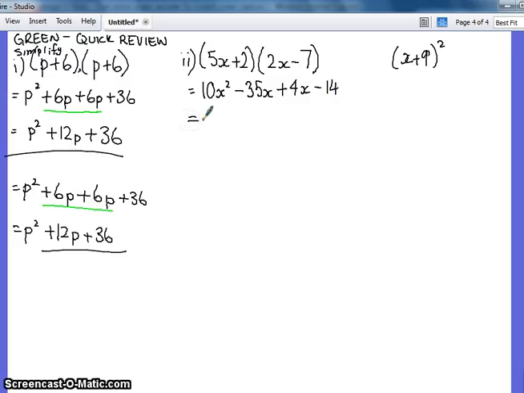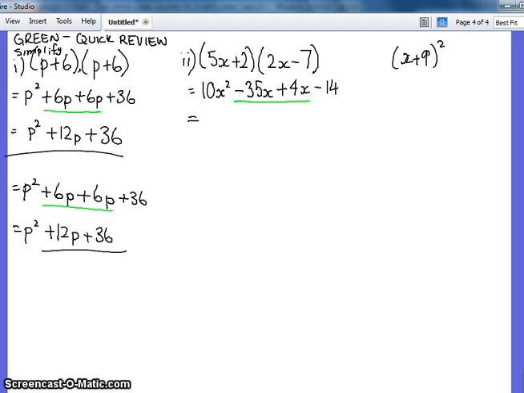Can you simplify that at all? Is there any like terms there? There's some like terms here. They're the same, so you can do something with them.